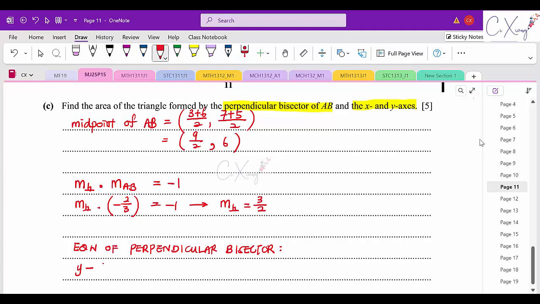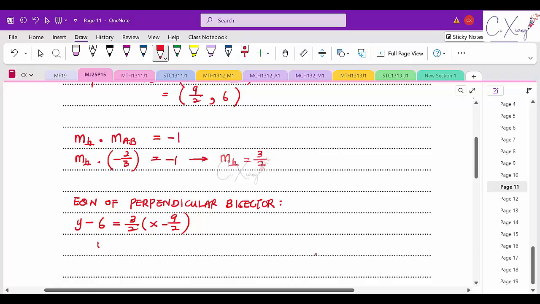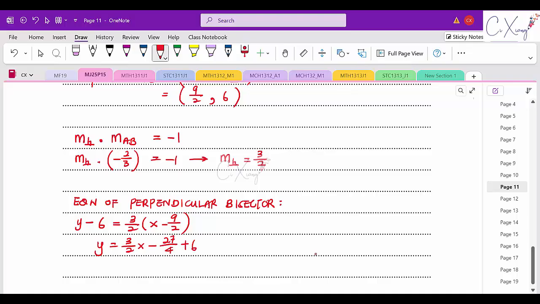So y minus the y coordinate equals m, the gradient, times x minus x1. So x minus 9 over 2. Okay, then from here, if you try to simplify further, by right, we should get this -3 over 4.